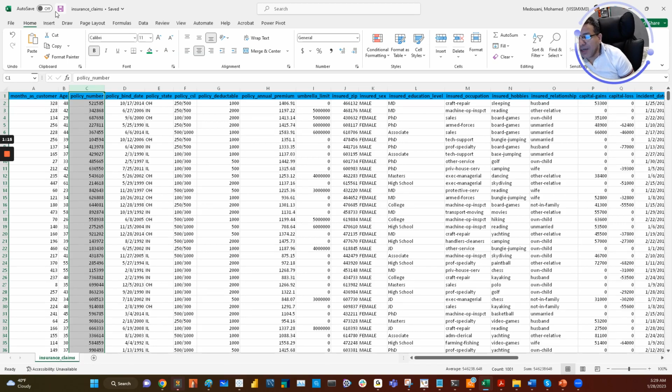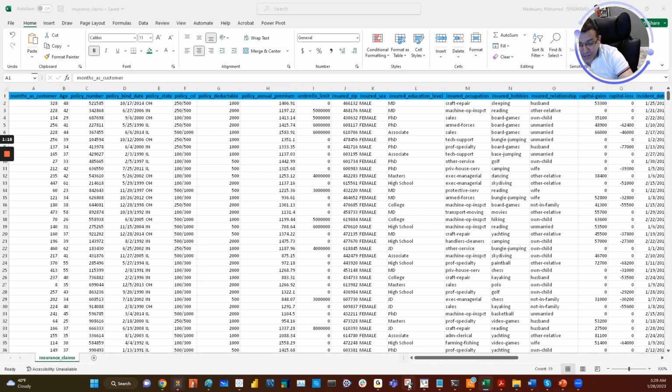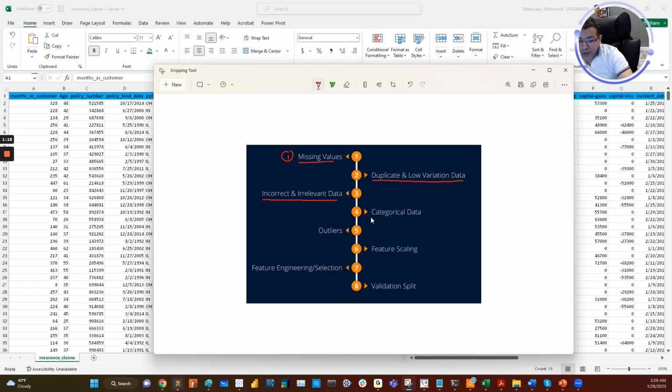So we need to look for categorical data. In categorical data, we need to know if it's nominal or ordinal, outliers, feature scaling. Later we are going to learn how to scale the features and why. Feature engineering, this is very important. We already covered a few things about feature engineering: how to eliminate some features using a knowledge base, and also using correlation analysis.